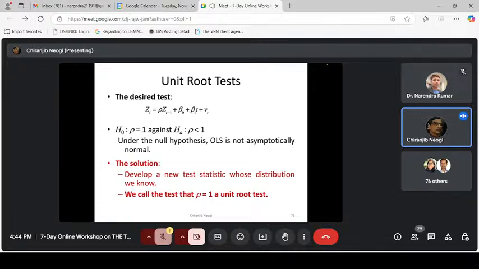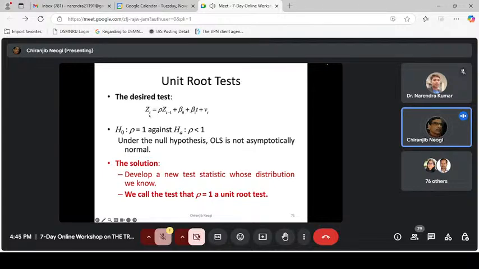But if we include the intercept term and the trend term, the hypothesis remains the same. Our null hypothesis is rho is equal to 1 against rho less than 1. But for simplicity, to test rho is equal to 1 against rho less than 1, we take the difference.